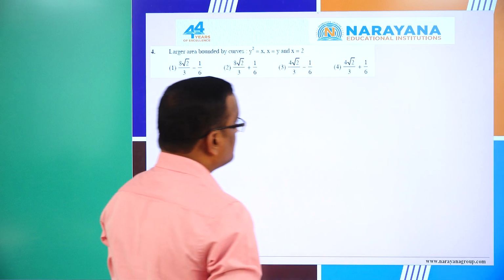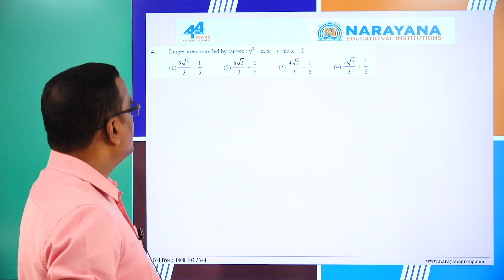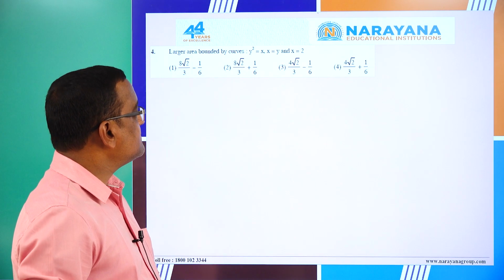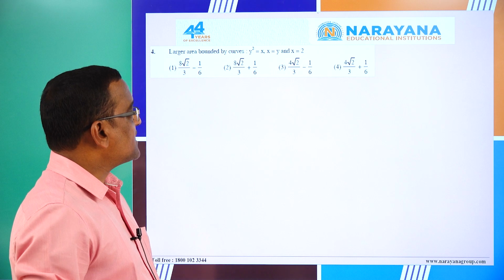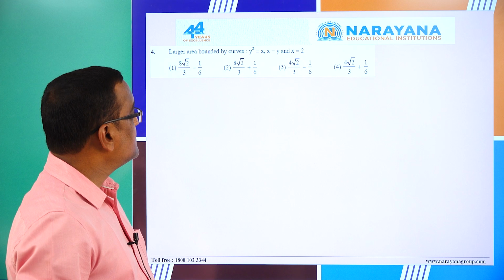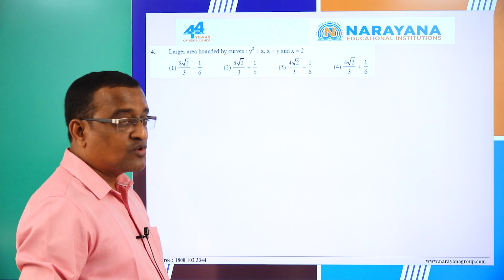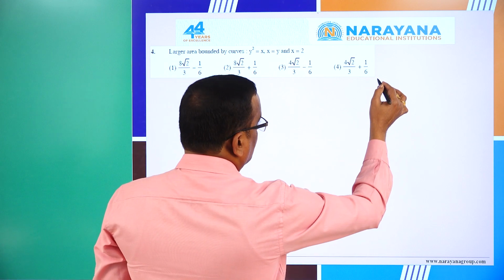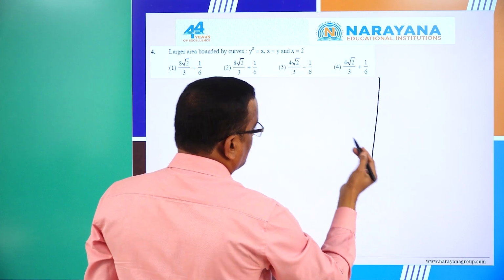Coming to the next question. Find the larger area bounded by the curves y^2 equal to x, x equal to y, and x equal to 2. y^2 equal to x is a parabola with vertex at the origin.